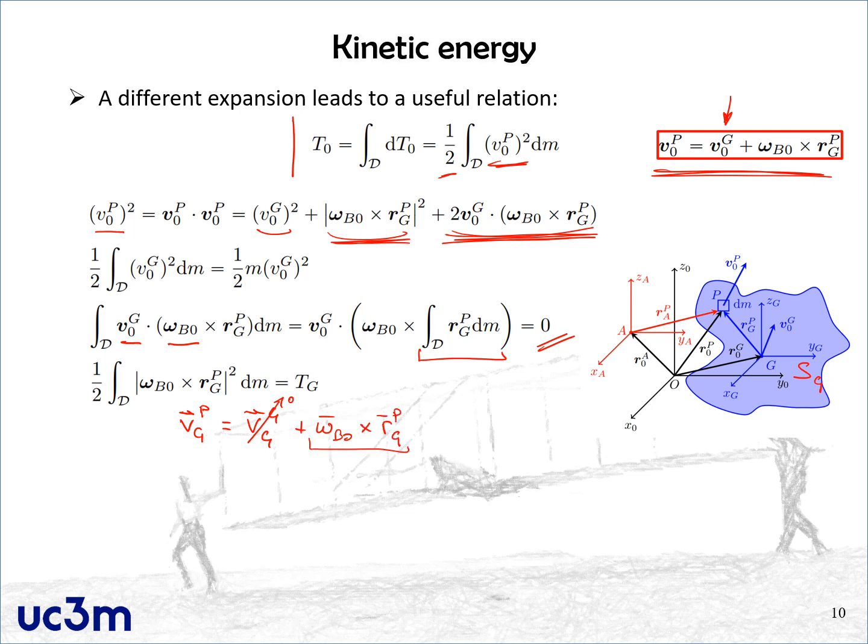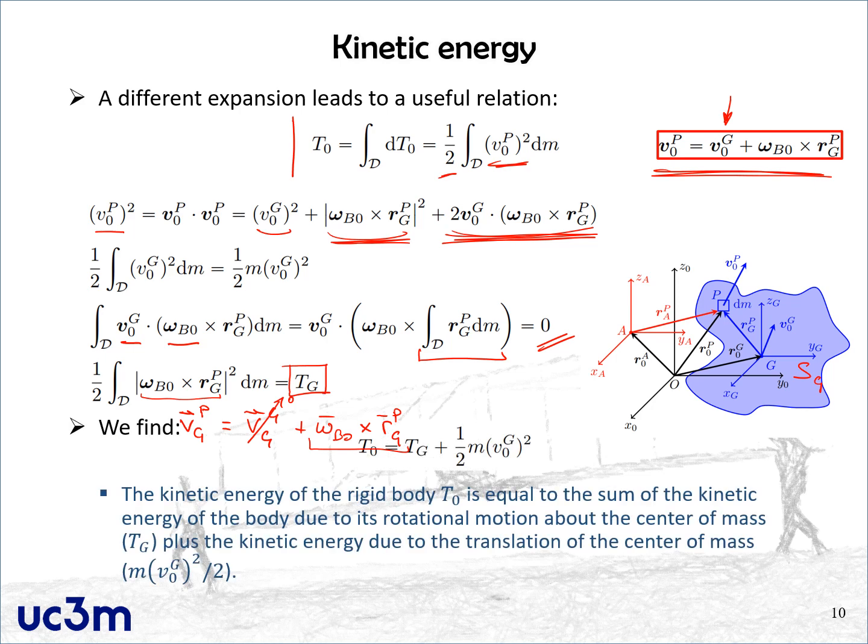So basically what we have here is the square of the velocity of any point P on the rigid body as seen from point G. All right. So this is the kinetic energy of the rigid body as seen in reference frame G, and we call that Tg. So this is a useful result by itself.